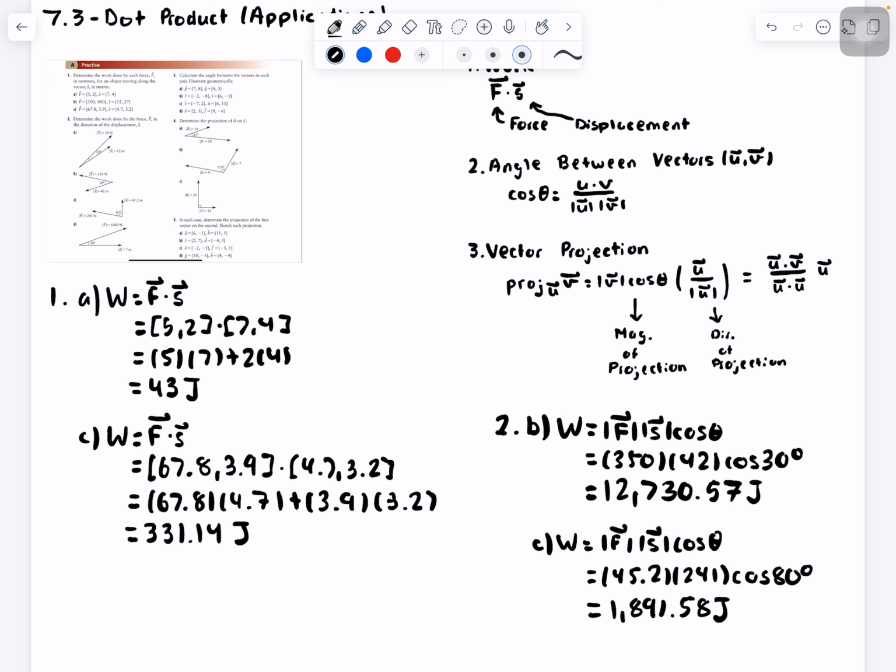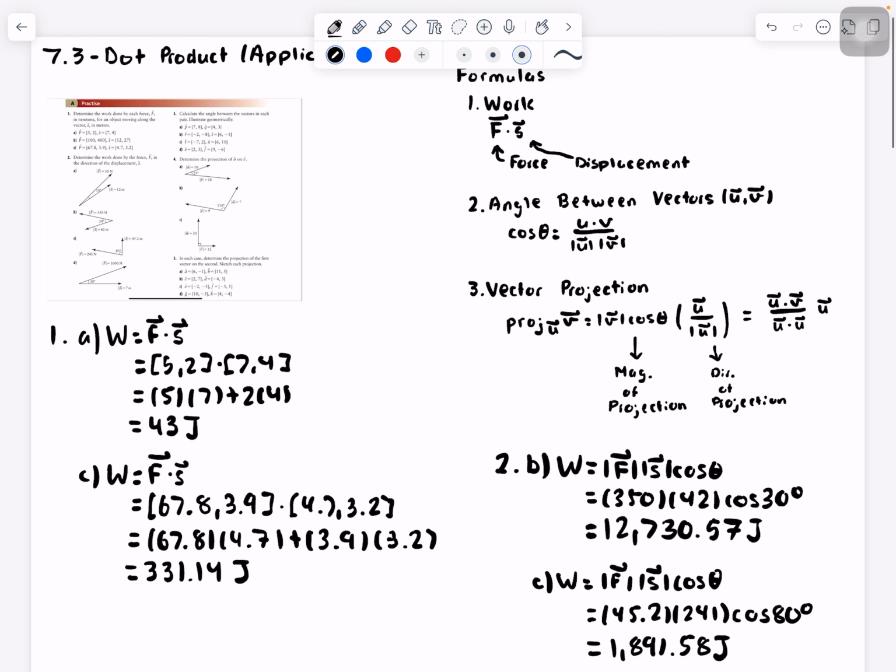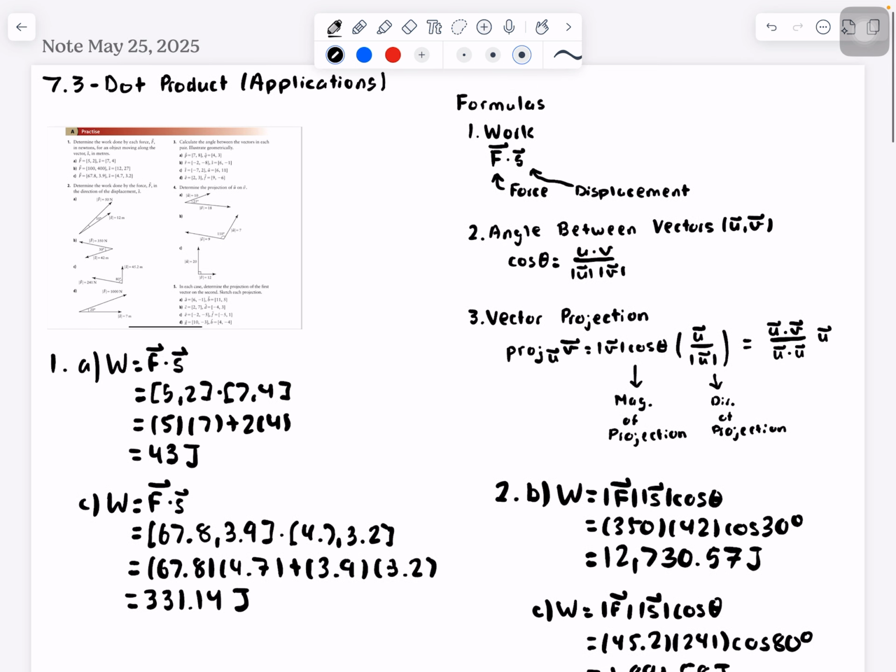Okay, so before moving on, I just want to highlight one thing. The formula that I wrote down here for work, I wrote very generally as just F dot S, the dot product. This could be either the Cartesian or the geometric dot product. I didn't highlight which one I was using, and that was on purpose for both of these exercises.